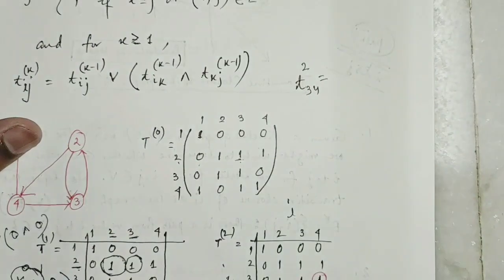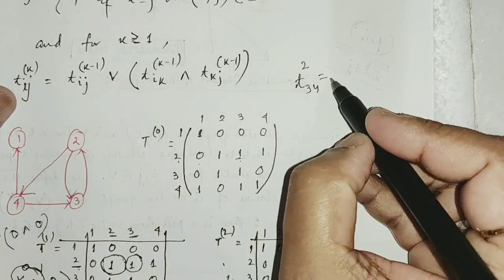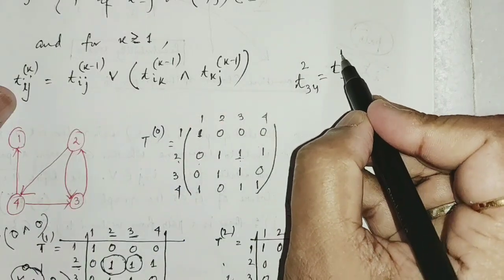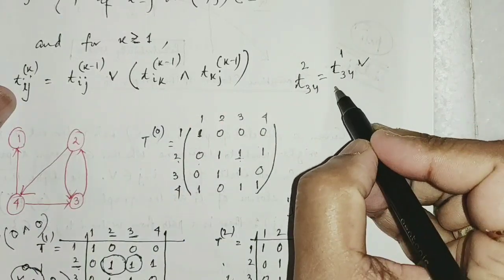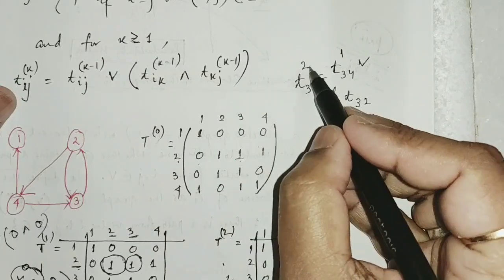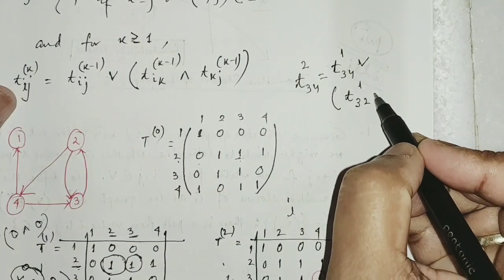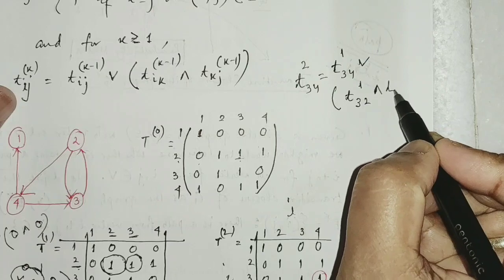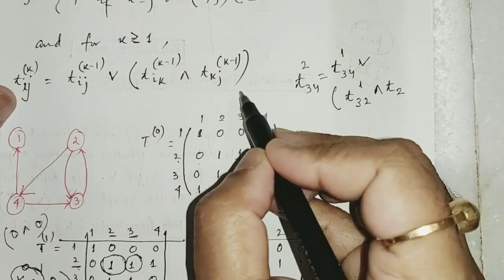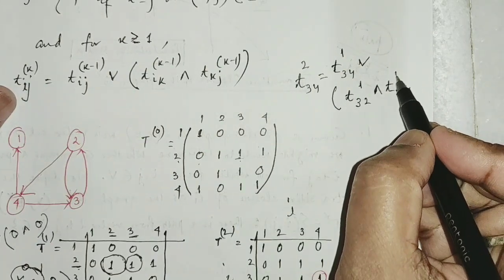So T2 of 3 to 4 means from the formula T of ij using T1, I to k, that is 3 to 2, because k is 2 here, using k minus 1, that is using 1, and k to j, that is 2 to 4, k to j using k minus 1.